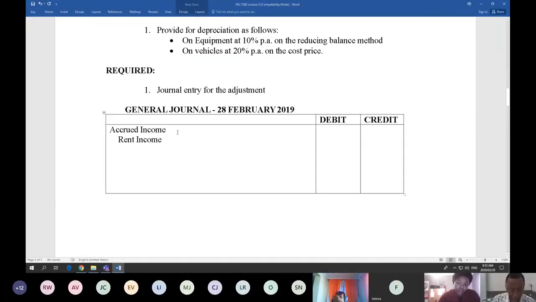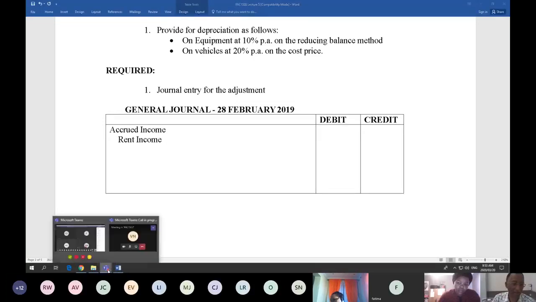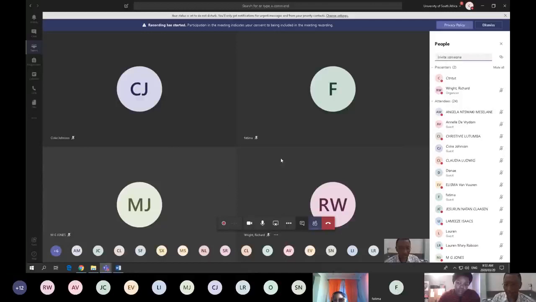The amount, guys. If you go to your trial balance, you will see that the rent income is 3,300 rand. But as you may know, there's 1 month rental that you have not received. So you need to understand that that 3,300 that you see in your trial balance is the amount of money that you have received for 11 months. 1 month is still outstanding, so you have received it only for 11 months.